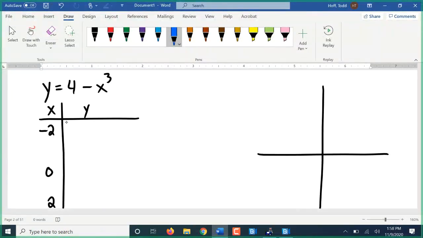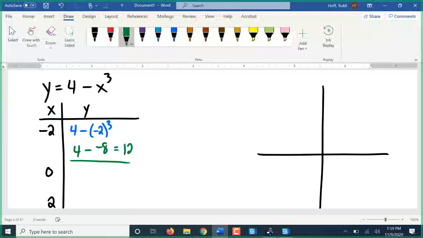If x is -2, y is 4 minus -2 to the third power. -2 to the third power is -8. So 4 minus -8 is 12. Giving me the ordered pair -2, 12.